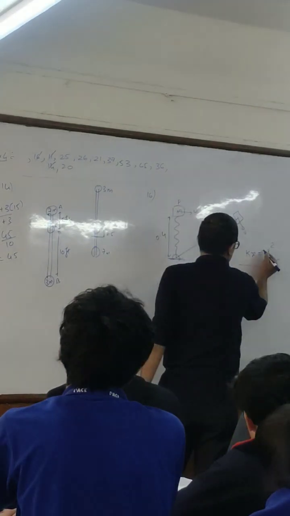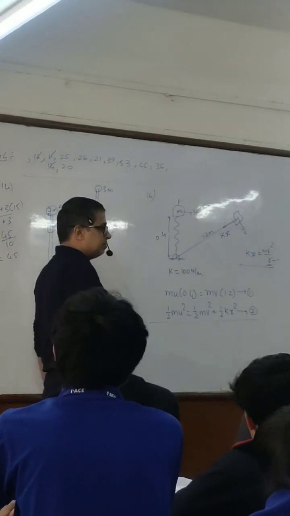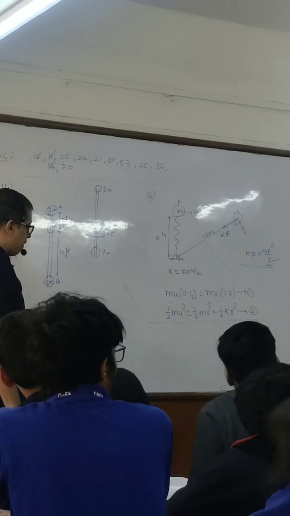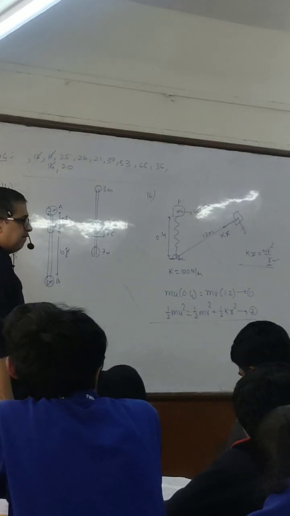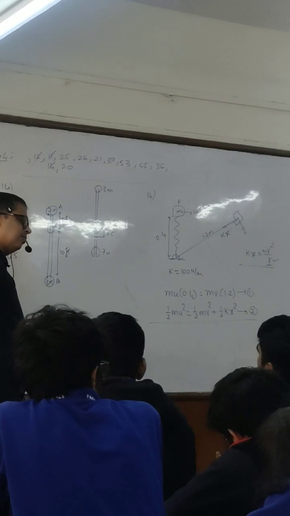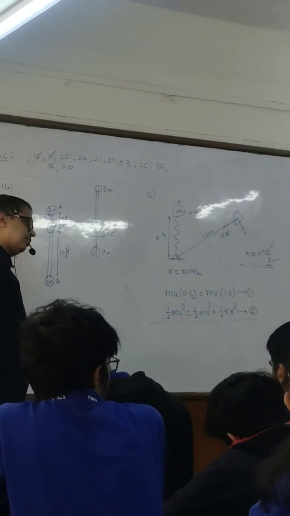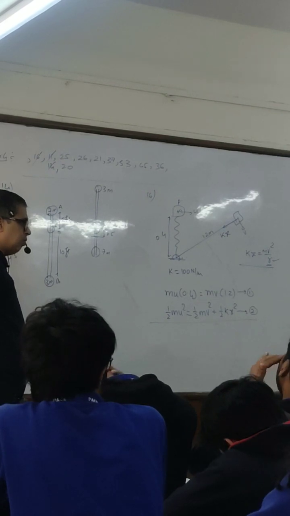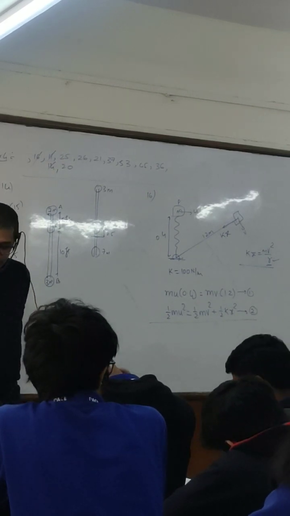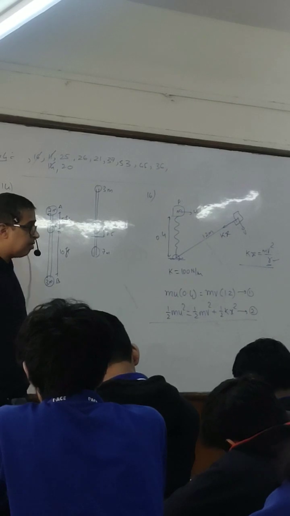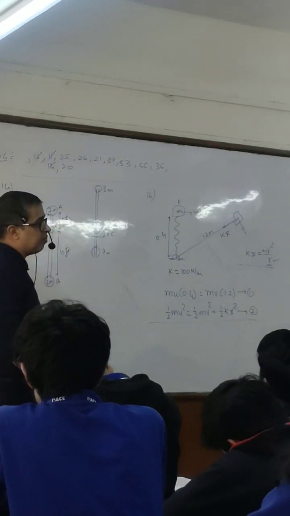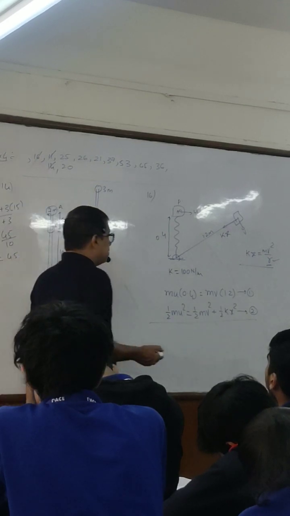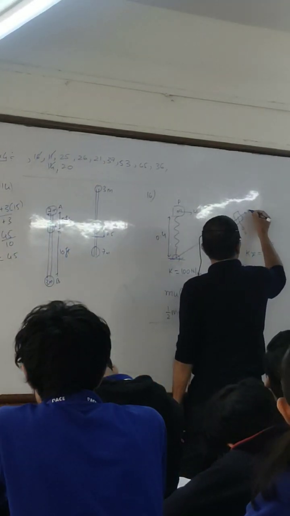He's right. mv square by r. The minimum is asked. Minimum velocity for it to have that elongation of 1.2. For it to come to one point. That means this velocity component will be 0.